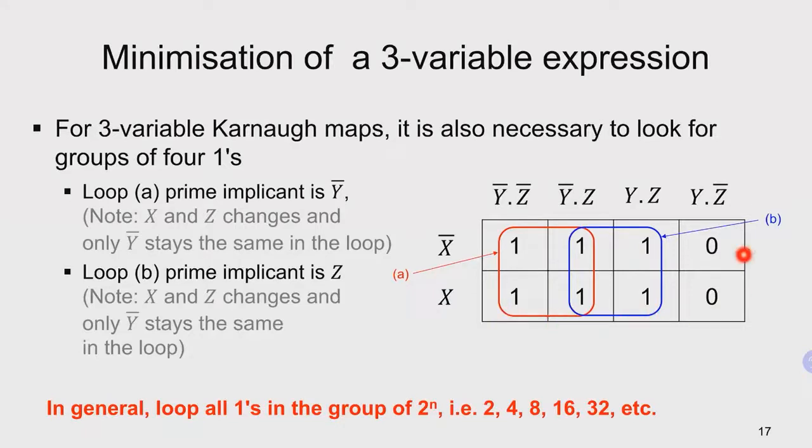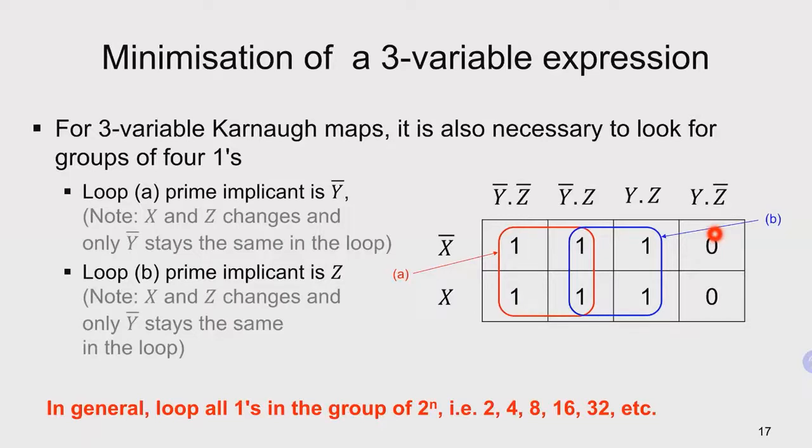I can draw a loop over all 8 of them. And if you do that, you see that all variables change within that big loop. That means that you can eliminate all the variables, which means it covers all possibilities. This means the function is equal to 1.